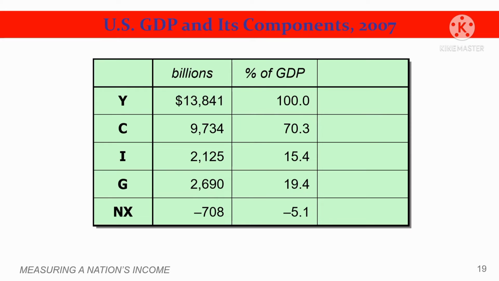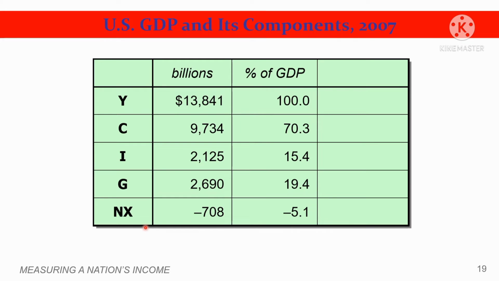Then government spending, its share of GDP is 19%, while net export is negative 5.1%. Ibig sabihin, class, sa US, negative yung net exports niya. So there, in 2007, merong trade deficit in US.